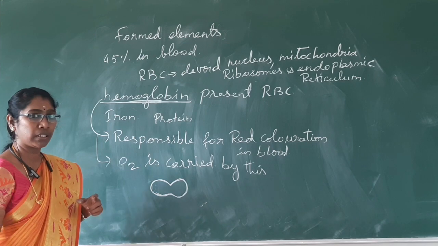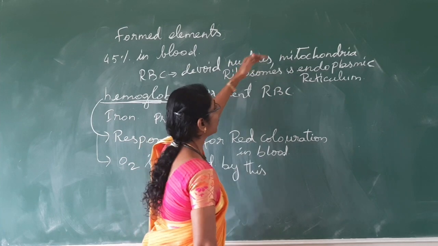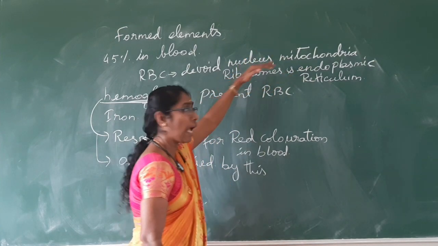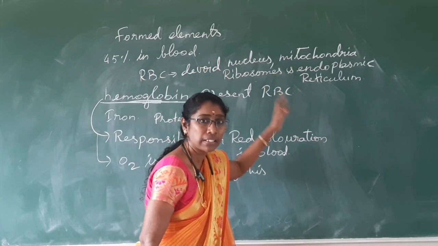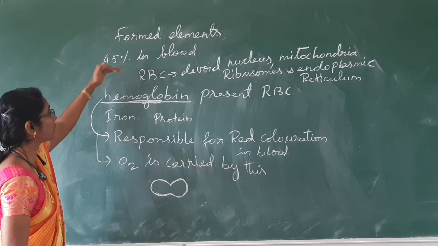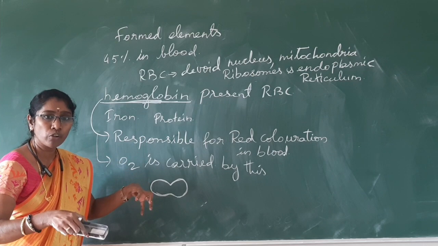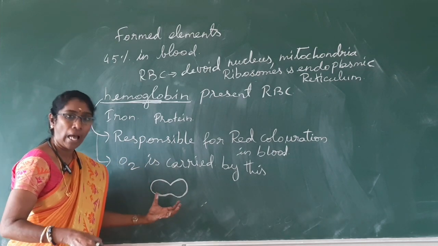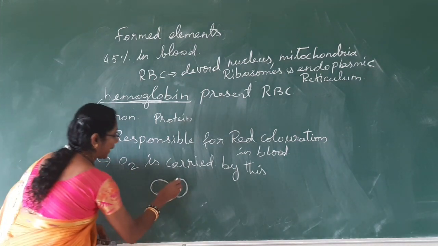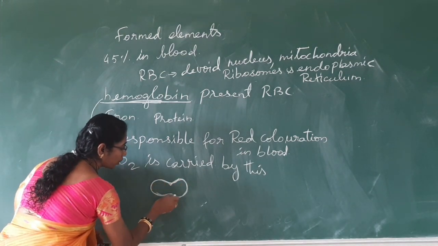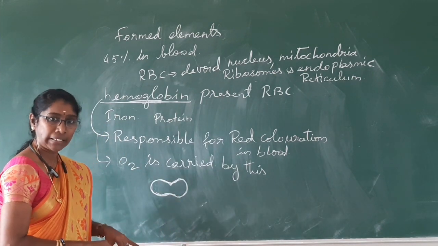Right? Can you get my point clearly? Since this RBC lacks all these parts, the hemoglobin present in the RBC helps to capture more oxygen. This biconcave shape also helps to diffuse more oxygen into the cells easily.